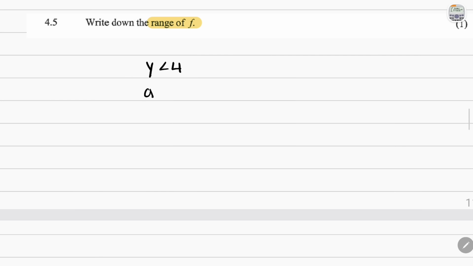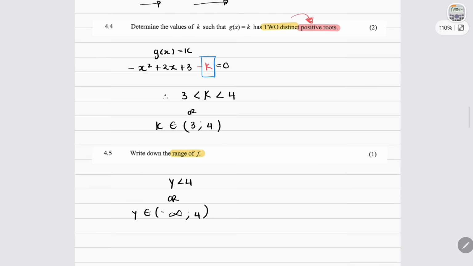If you want to write it in interval notation, this would be y is an element of, from negative infinity to 4, but not including 4, because the graph will not have a y value at 4 since there's an asymptote there.